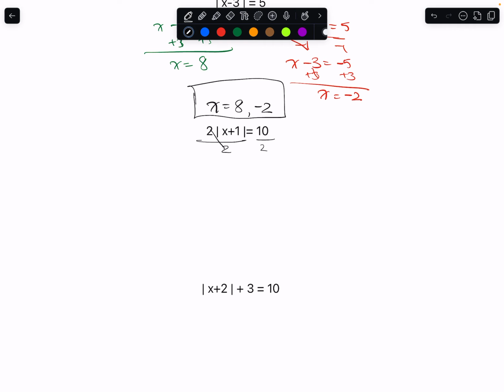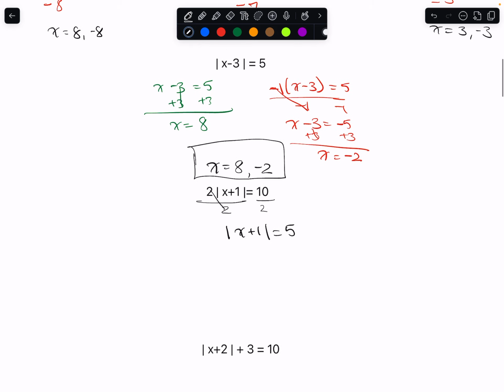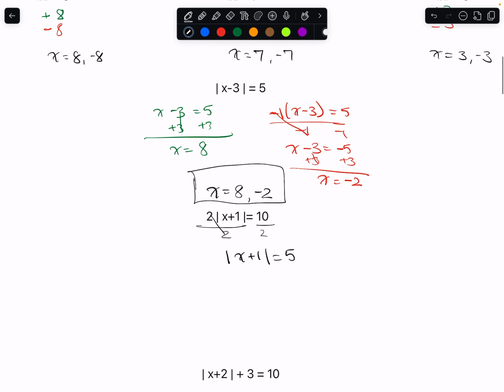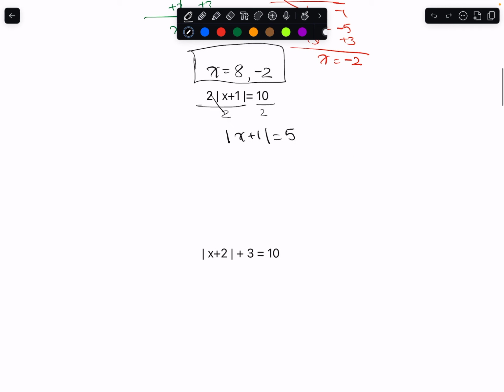Now, when I drop everything down, I'll be left with the absolute value of x plus 1 equals 5. Doing the same steps that we did using this equation, we will also see that because it's absolute value, this comes with both positive and negative portions to this question.